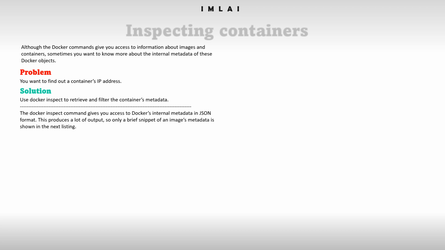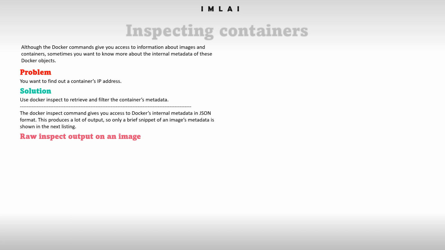But before we do the practical demonstration of docker inspect, let me show how the output of this inspect command looks. The docker inspect command gives you access to Docker's internal metadata in JSON format.